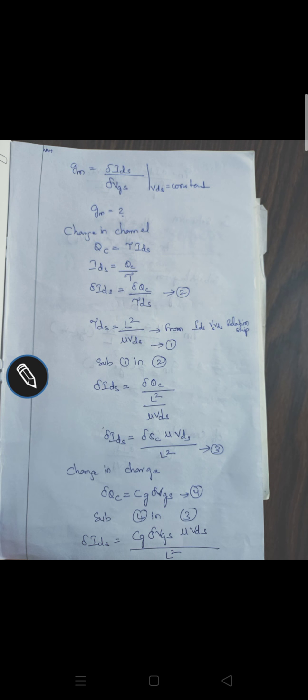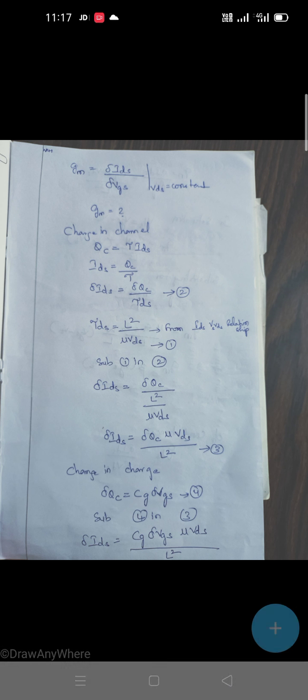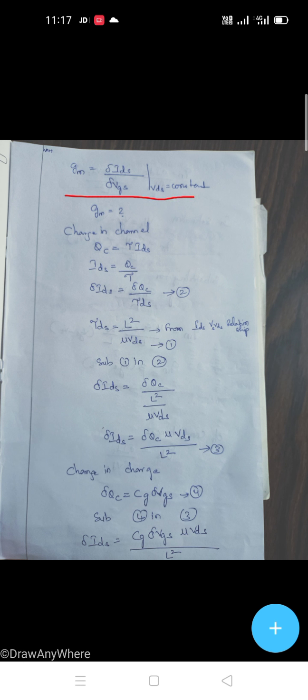Next, the factor GM. What is transconductance? The transconductance GM is equal to delta IDS by delta VGS.